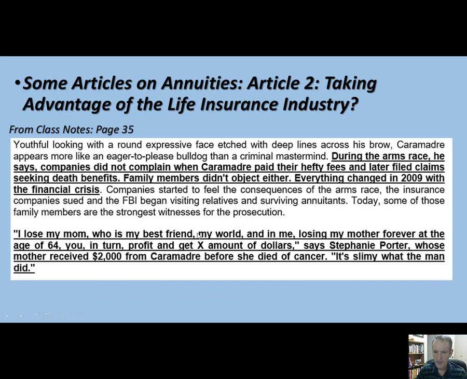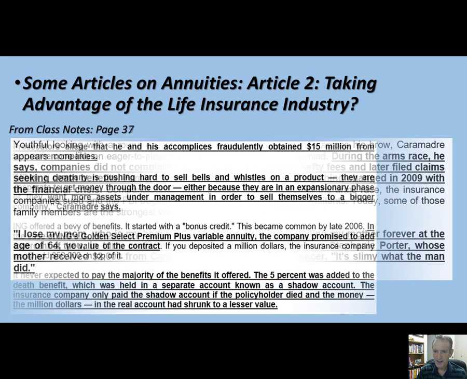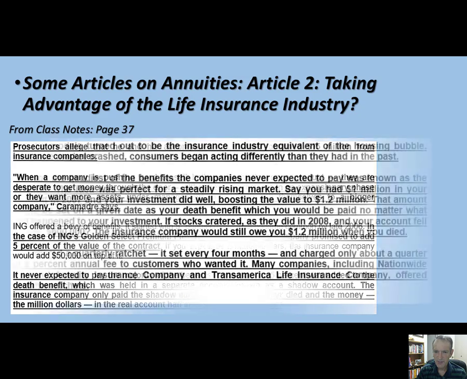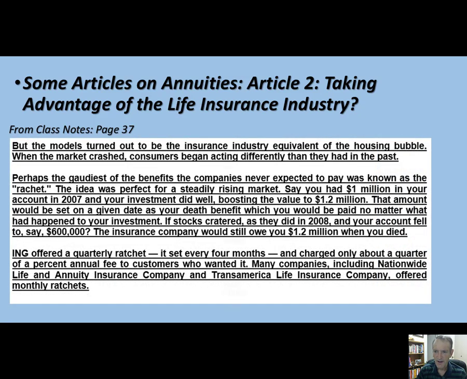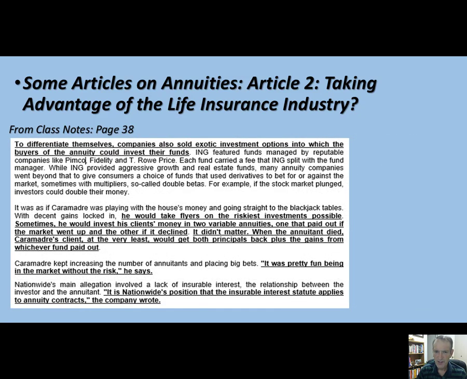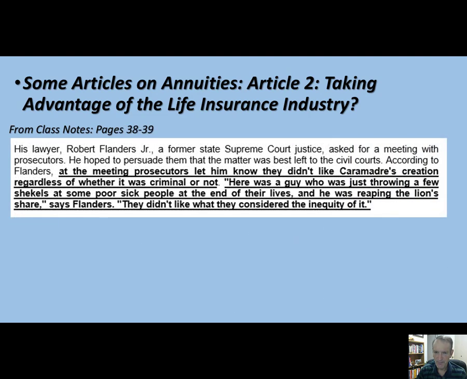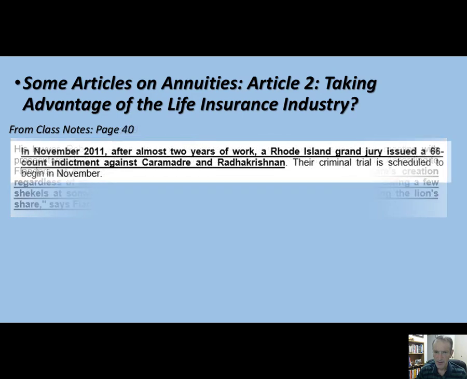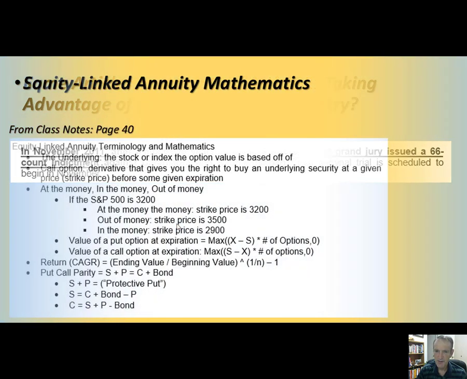In fact, if you want to, you can just read the highlighted parts. You don't need to read all of it. I'll skip through the rest of this. It is interesting. The grand jury issued a 66-count indictment against Caramadre and his partner. You know, I think he actually spent some time in jail.